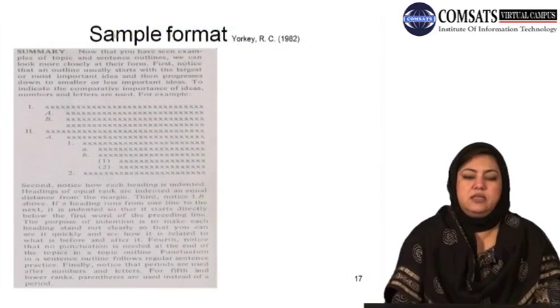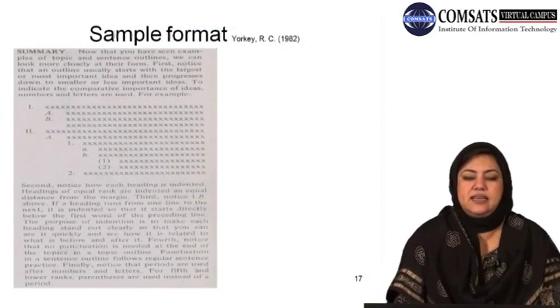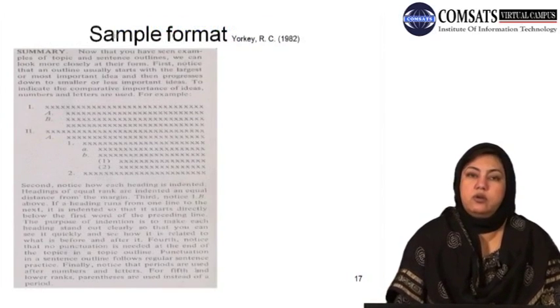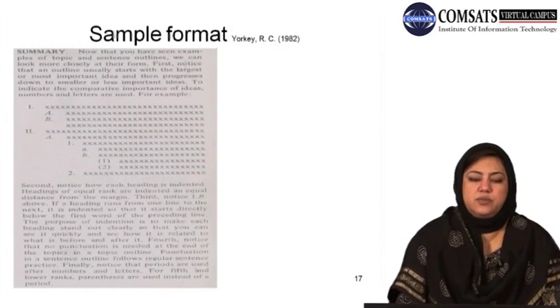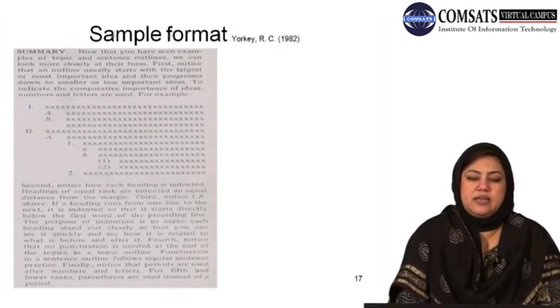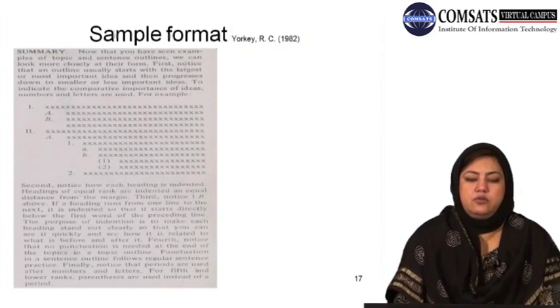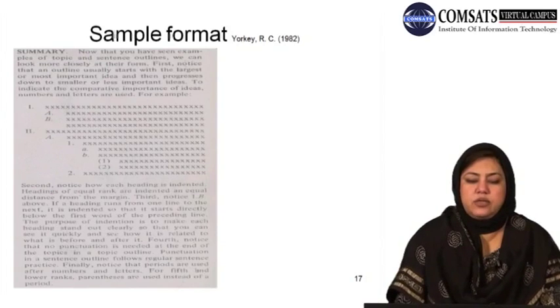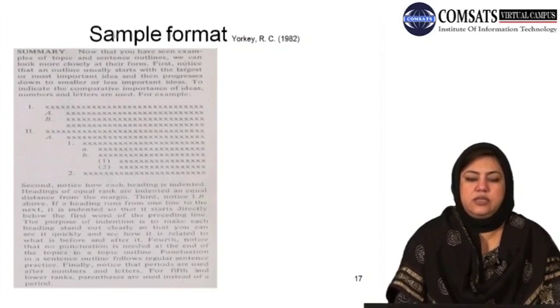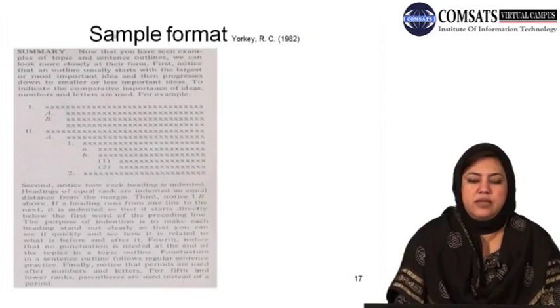Well, now that you have seen examples of topic and sentence outlines, we can look more closely at their form. First, notice that an outline usually starts with the largest or most important idea and then progresses down to smaller or less important ideas. To indicate the comparative importance of ideas, numbers and letters are used.